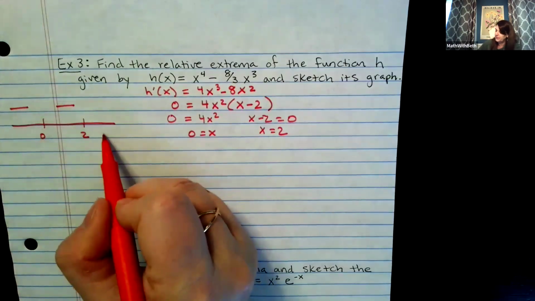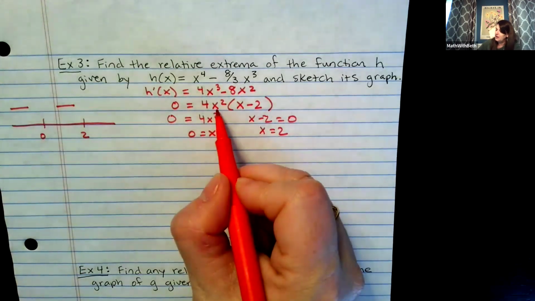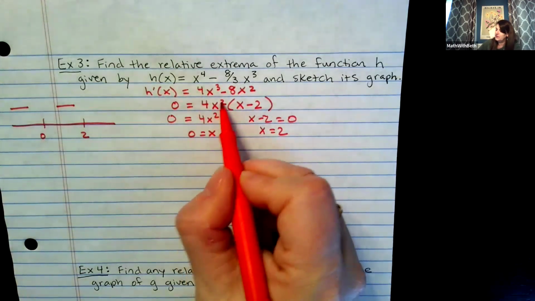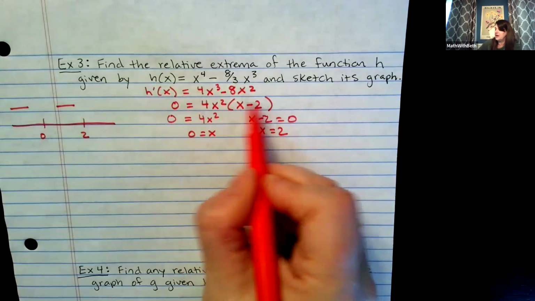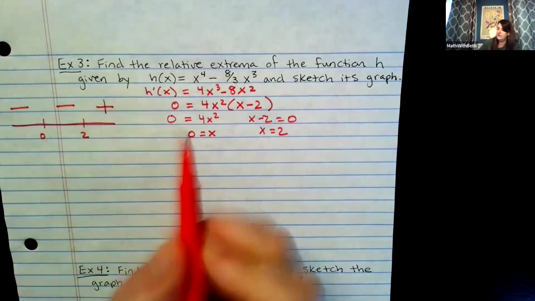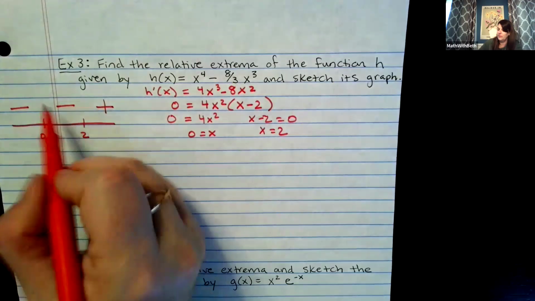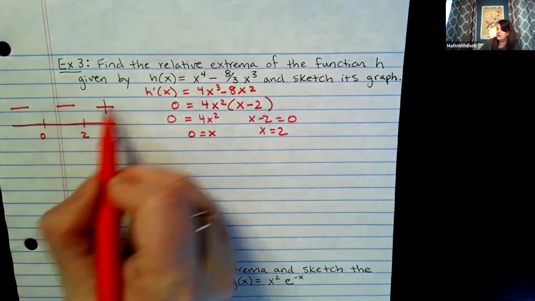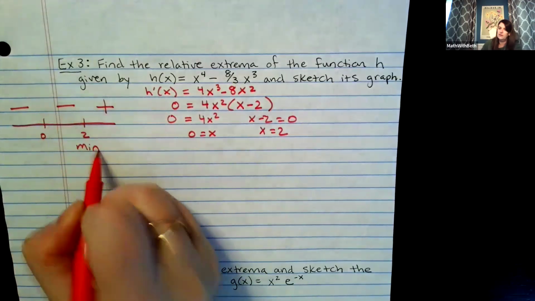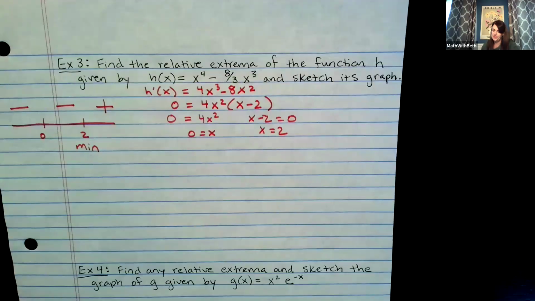And if I plug in something like 3, I would get 4 times 3 squared, which is 9, times 1. So that would be positive. So remember, if you're decreasing and then increasing, this is going to be a min.